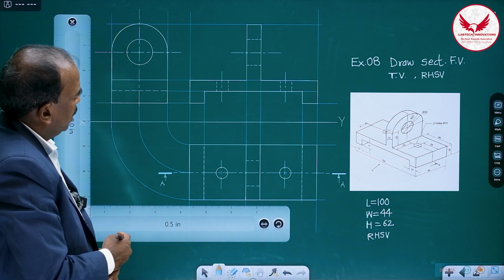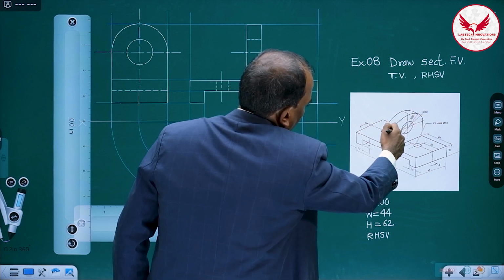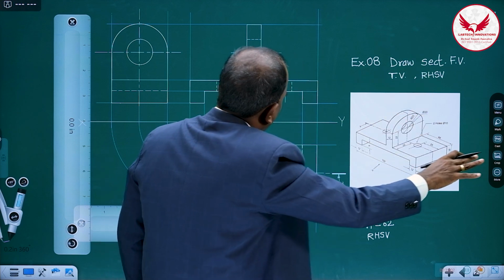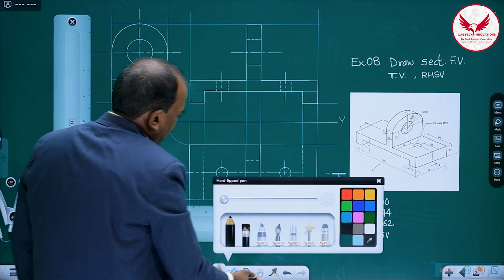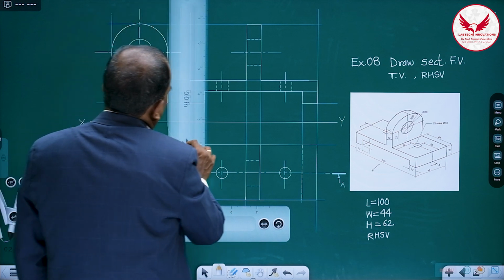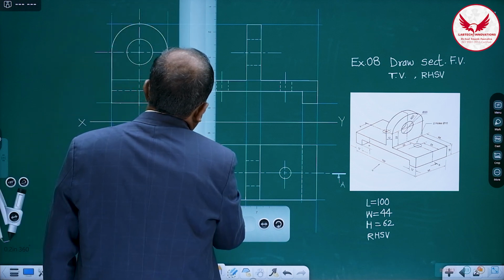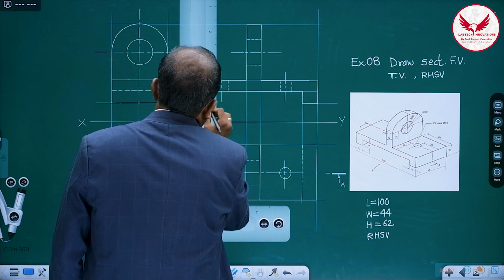Then what changes will be there in the front view? When we take the cut with the help of this hole, and this hole, all these three holes will be cut and it will be converted into dark lines. Simply, wherever the dotted line is there in the front view, make it a dark line, like this.